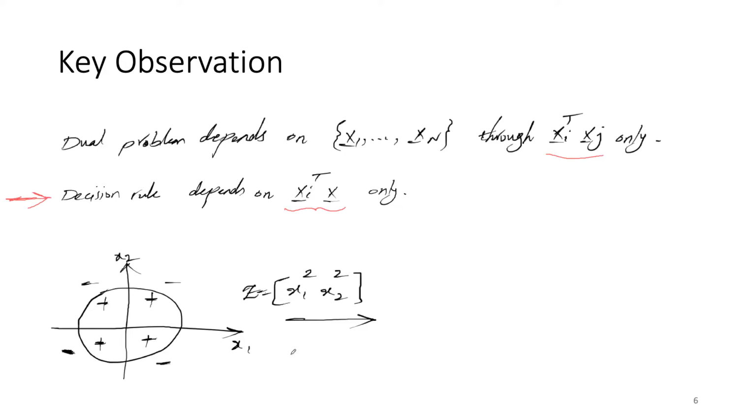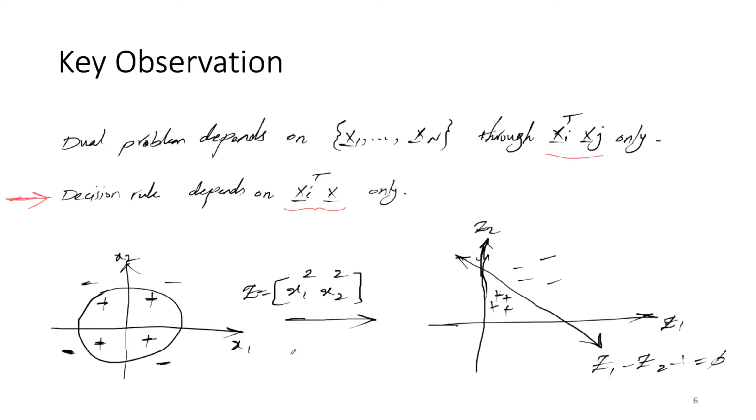So Z transforms x1 and x2 into x1 squared, x2 squared, right? So we have this as our new transformed axes, the z1 and z2 space, where we have pluses and minuses separated, right? And that was the line which classified these two, right? So the decision rule depends only on xi transpose x, right?